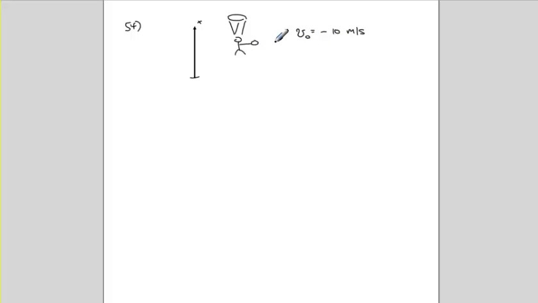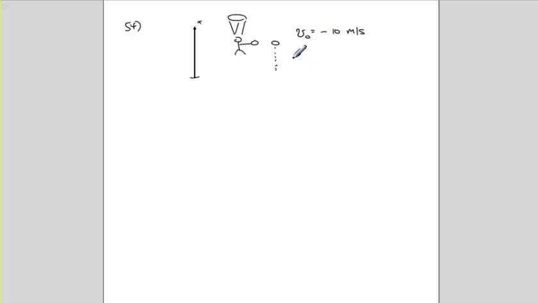Okay, so when he drops it, now it's going to fall. It's going to speed up. We're going to assume that there's no drag on the camera, which is probably a pretty good assumption because it's a fairly small area for a higher mass. So the parachute, once he lets go of the camera, that's irrelevant. It just provides this initial velocity.